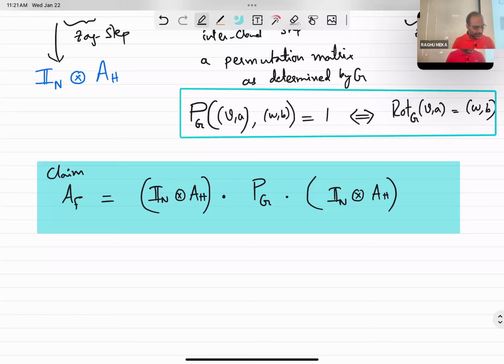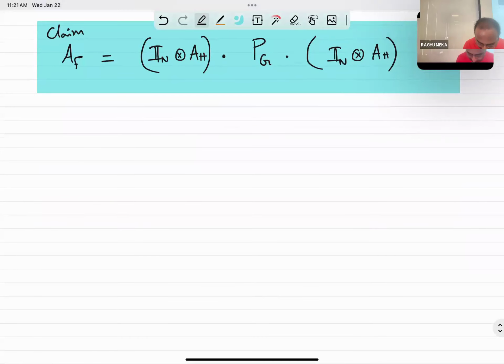Right? And so if I have a matrix A, which is D1 by D1, let's say.